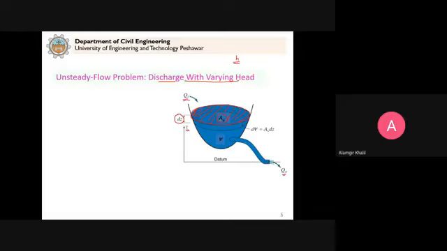Now this surface area is not constant. Why? Because if I consider another surface of water or liquid at this point here, then this will be the surface area. So in this case, the surface area is not constant. Clear?